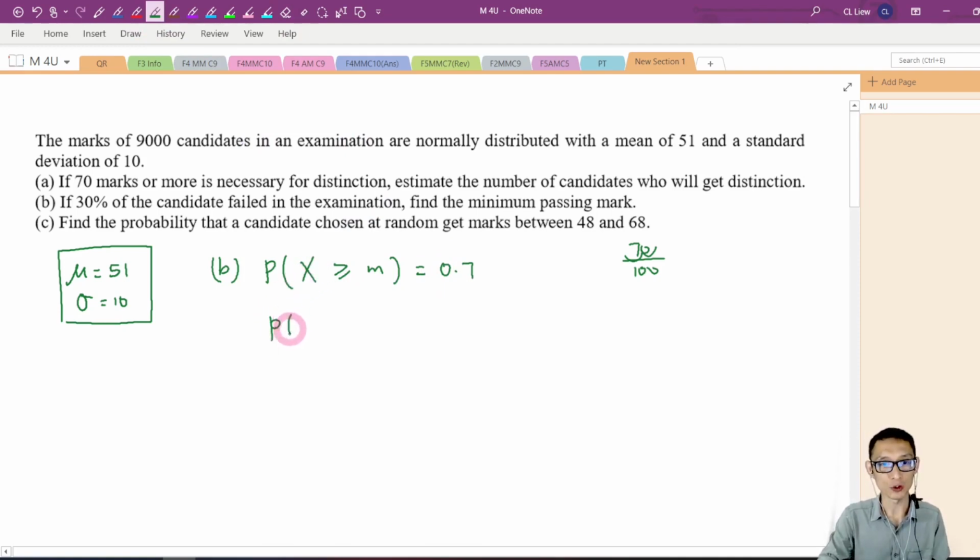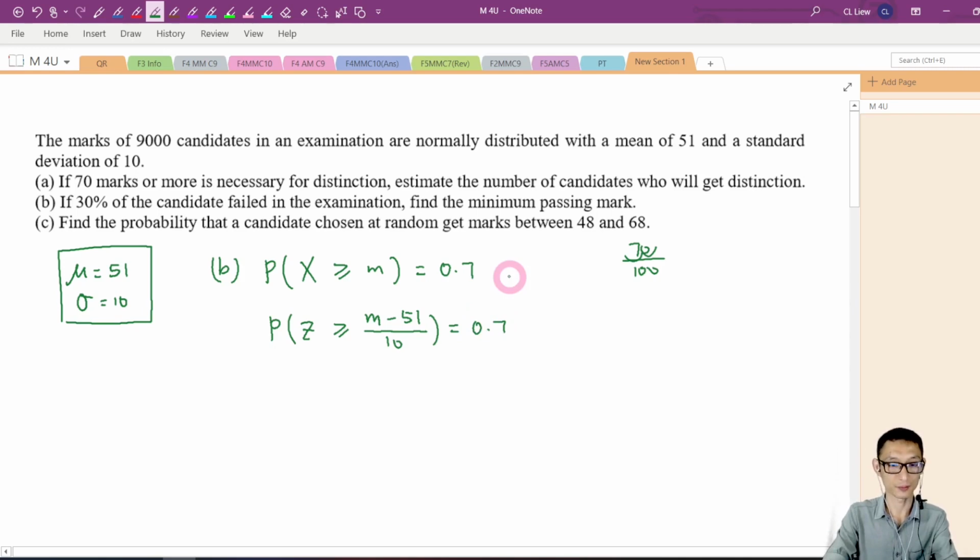So what I'm going to do first is convert this to a Z value. So X minus mean, divided by standard deviation, equal to 0.7.